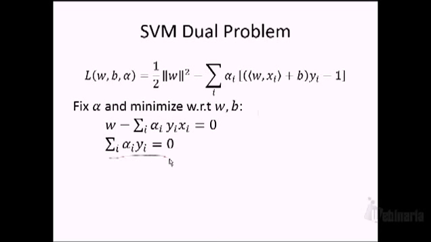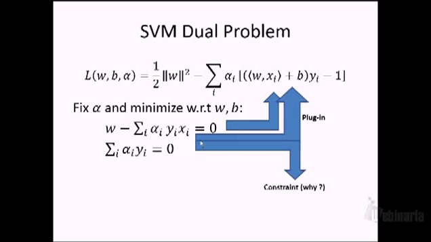On the other hand, if we optimize the Lagrangian with respect to b, we get this condition. This condition constrains your choice of alpha i to satisfy this equality. And so we can plug these two conditions into the Lagrangian.